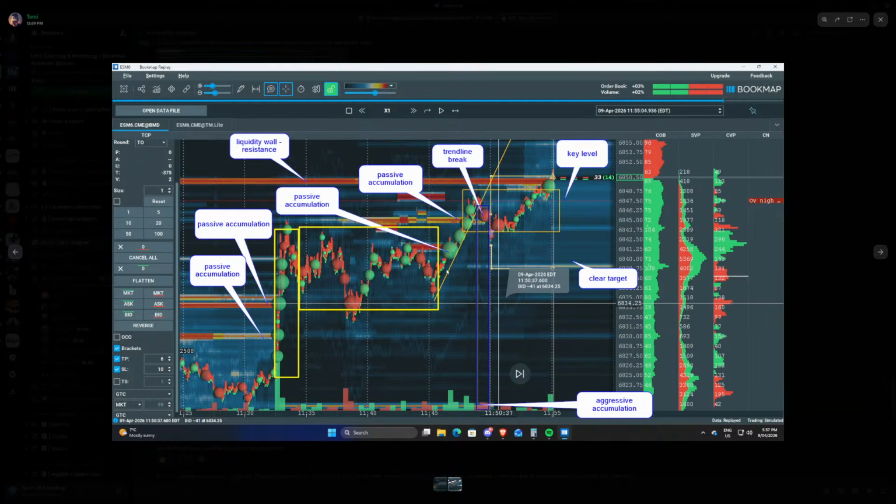Also look at some of these impulse moves and the strength behind them, because it's really telling you, even though lots of liquidity is getting filled passively, we don't see the turnaround yet. We don't see the aggressors. Okay, there's a pocket of aggression here. It's not much. It's not enough. And this is a little bit better here, but we really need to see the transition take place. Once you see that, it breaks structure, and you see that aggressive volume start to come in, then you've got something.